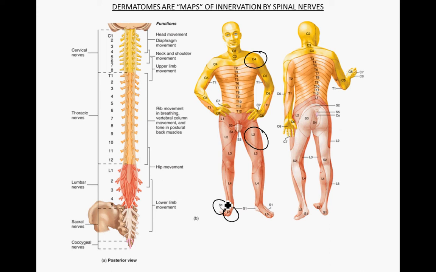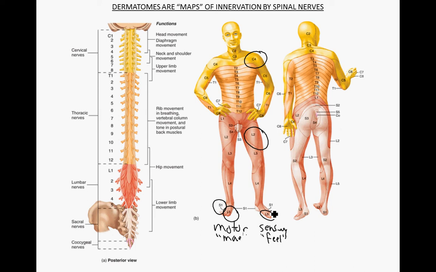You might also then apply pressure to them here, so you can test motor output by asking them to move any sort of structure. You then test sensory input by asking them, do you feel this? So can you feel me touching your big toe? Answer is yes. Okay, those nerves, those tracks are intact there, most likely.